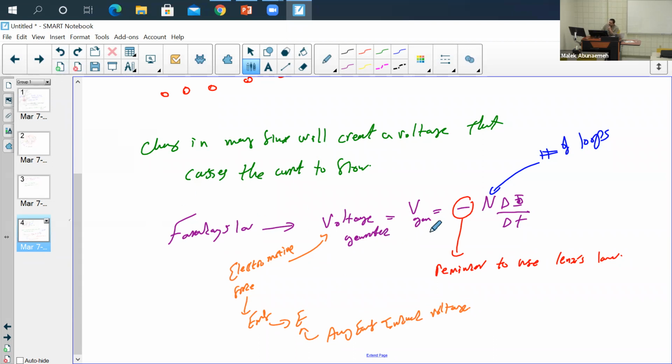So the voltage generated is minus N, the change in the flux divided by the change of time. And again, the negative is a reminder to use Lenz's law. Now, what is Lenz's law?